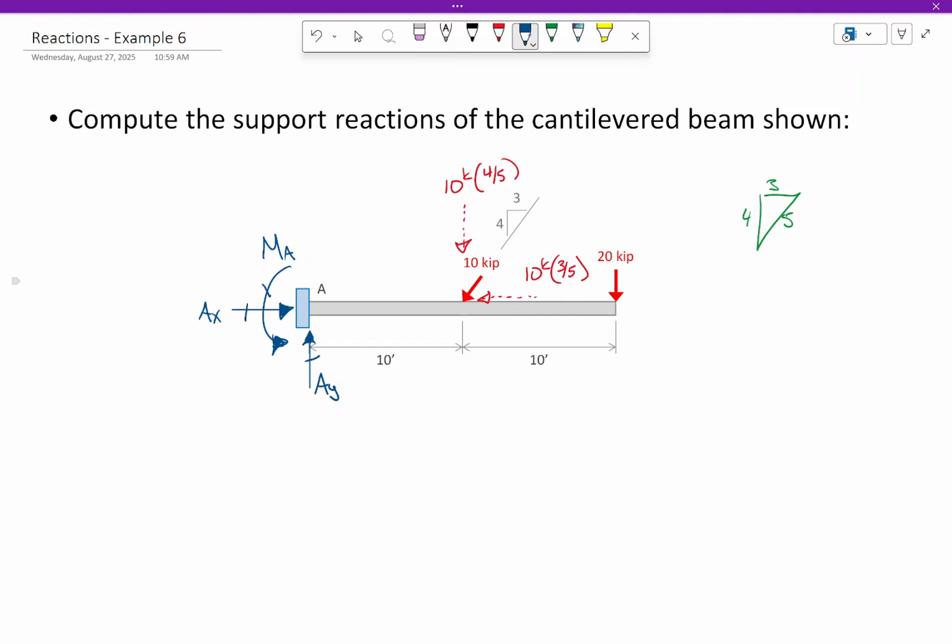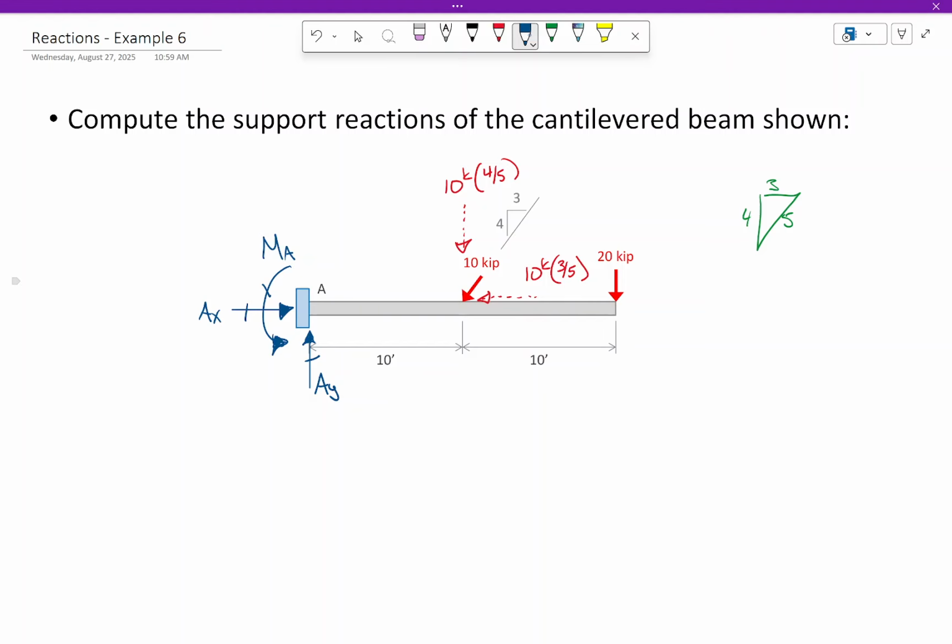You're exactly right. If we did this, we would get that AY plus BY equals something, but it wouldn't isolate AY, it wouldn't isolate BY. But look right here. How many unknown horizontal reactions do we have? 1. How many unknown vertical reactions do we have? 1. How many unknown moment reactions do we have? 1.